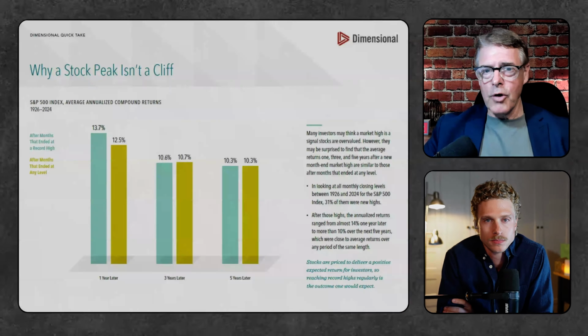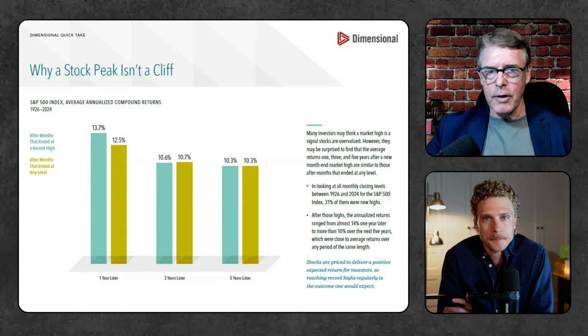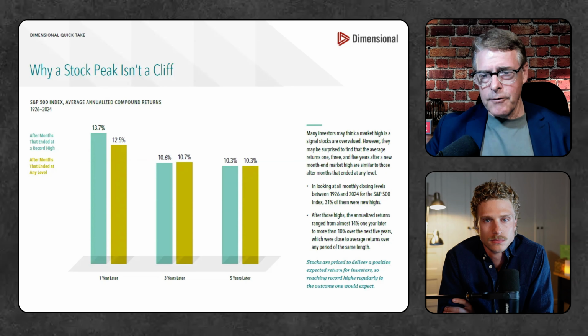And the data confirms something pretty clearly, which is that using stock market peaks is not predictive for the fact that the stock market's about to fall off a cliff. In fact, if you look at the historical data, and this goes over 1 year after a peak, 3 years after a peak, and 5 years after a peak.